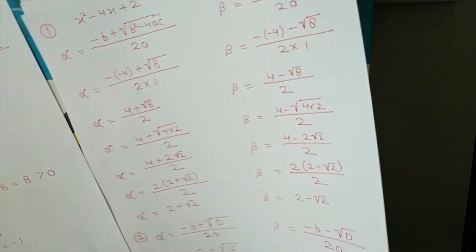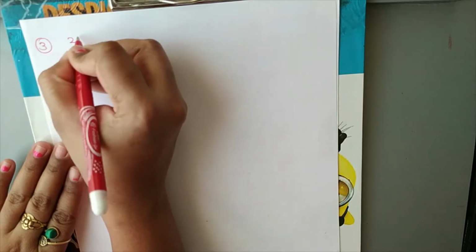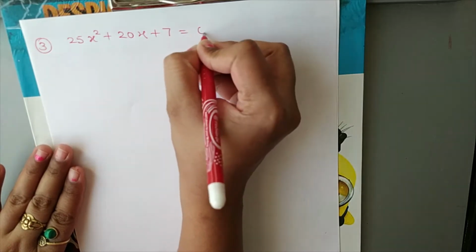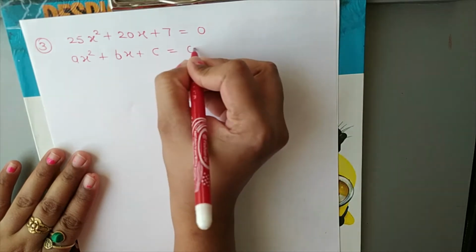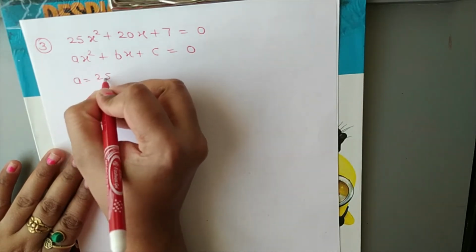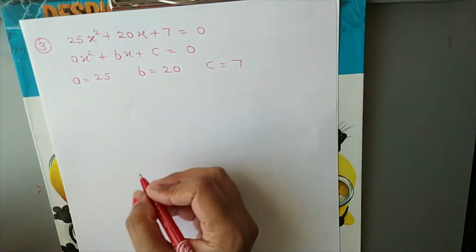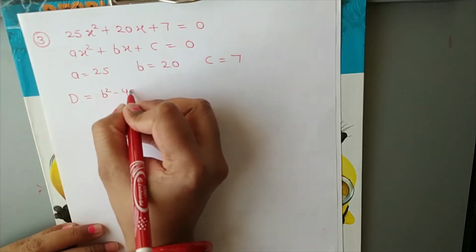Then move on to the next question. We have to solve it by Sridharacharya's rule. Third question, 25x square plus 20x plus 7 is equal to 0. First we compare with ax square plus bx plus c is equal to 0. So a is 25, b is 20 and c is 7. Then find the discriminant D, that is b square minus 4ac.